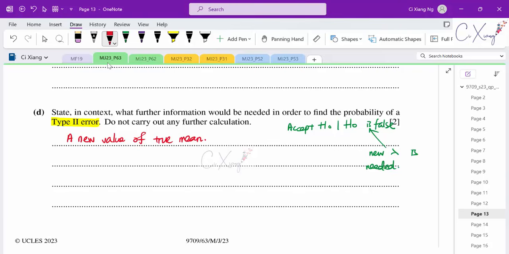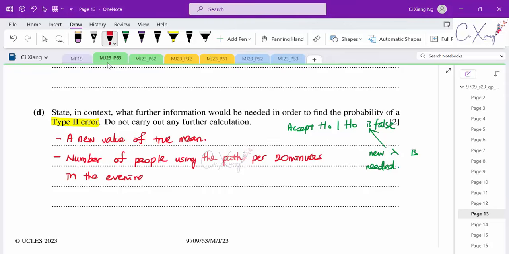Then secondly, when we want to carry out the test, we need to have the expected value as well, so that we can start to calculate the type 2 error. Or maybe we actually need to know where your acceptance region is. Therefore, to get the acceptance region, we need some information, namely the number of people using the path for 20 minutes in the evening.